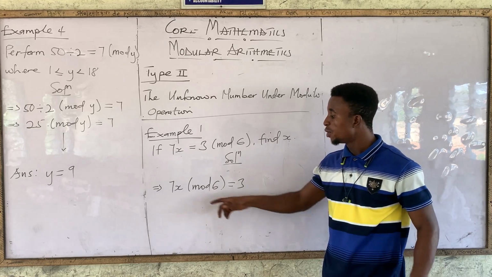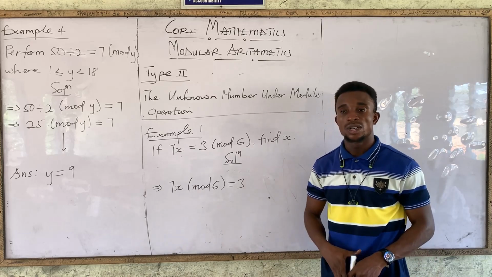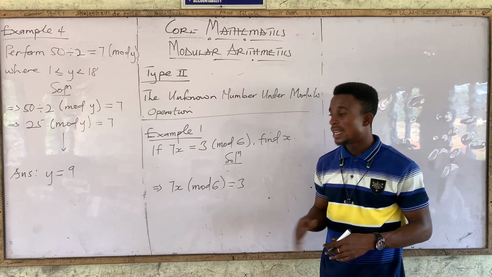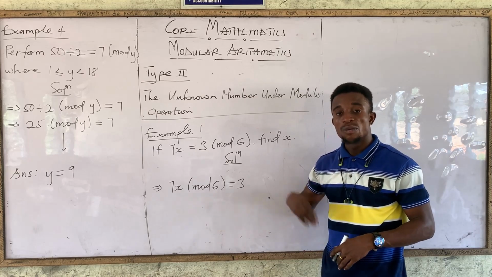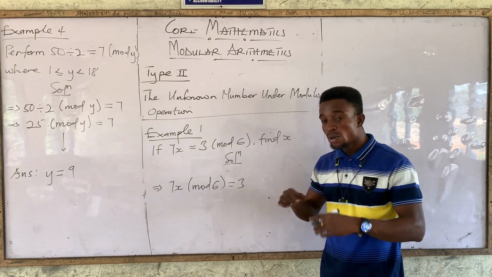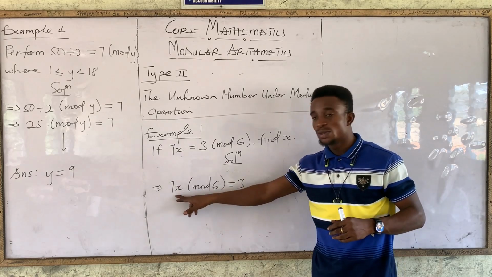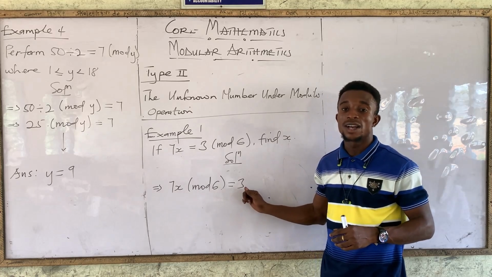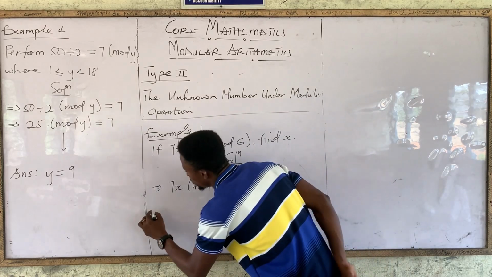Since now the modular number is known, we use the possible remainders for the modular number, then we use that in verifying. Are we getting that? So we substitute each of the numbers here to verify the one that will give us 3.